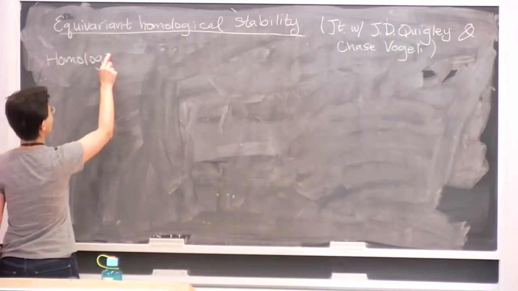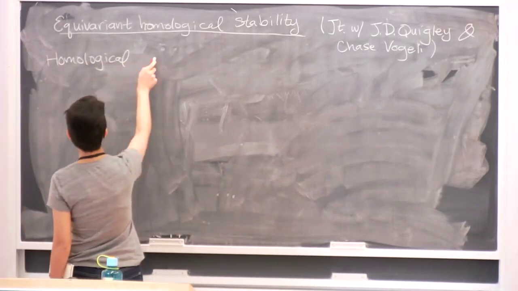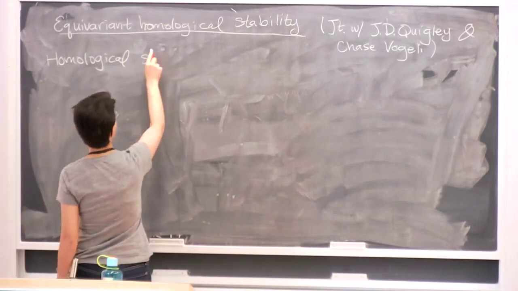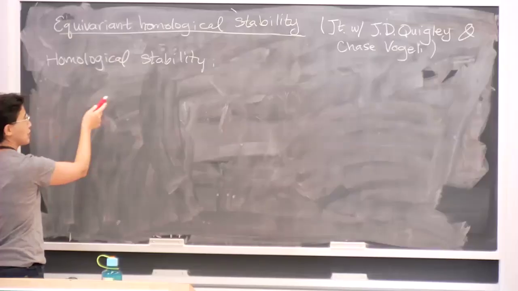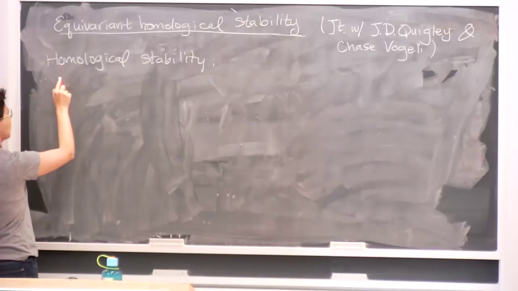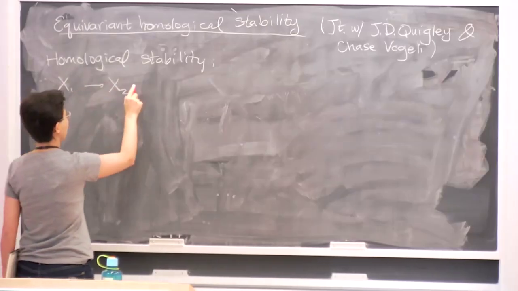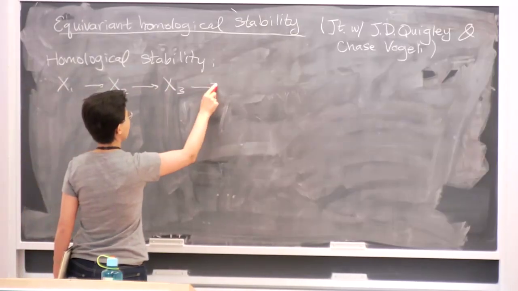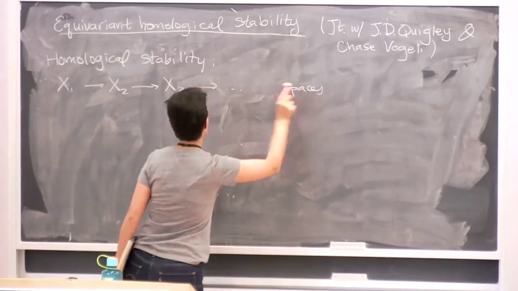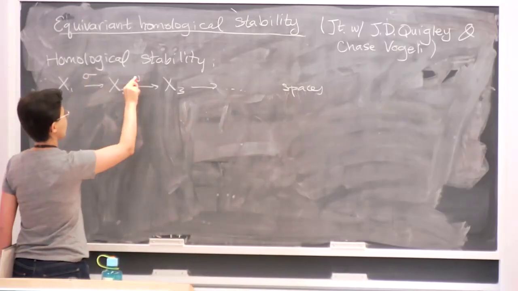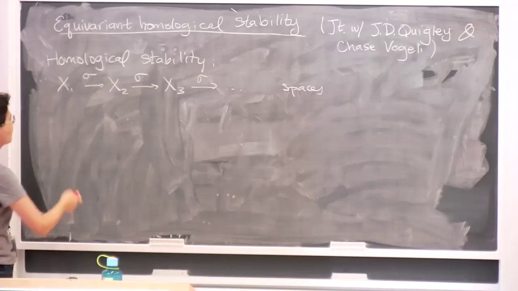I'll mainly be talking about the configuration spaces kind, but I'm going to give a very general introduction to the kinds of questions people ask. In general, with this kind of area, you start with a sequence of spaces, X1, X2, X3, and so on. There are maps between them, and we're just going to call all the maps sigma, even though they're different maps.